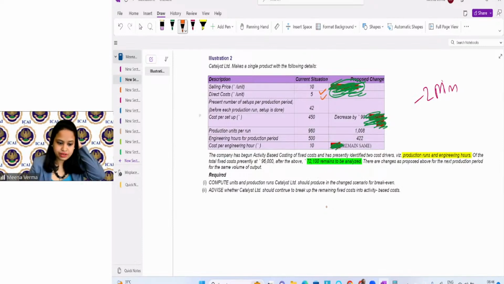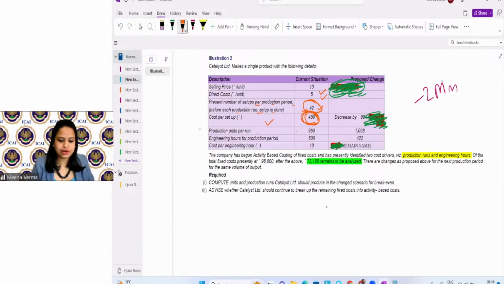All right. Then the number of setups at present, per production period, before each production run where setup is done, is 42. There are 42 production setups. 42 times you will set up the machines. All right. Then cost per setup is 450. Number of setups is 42 and cost per setup is 450.